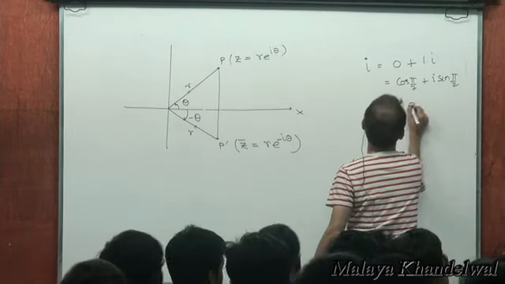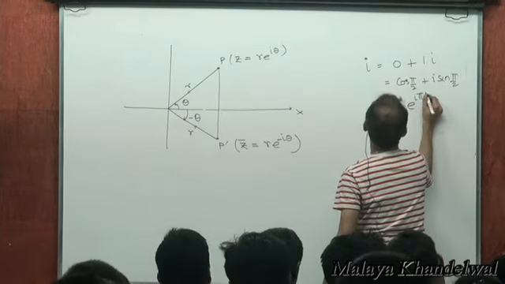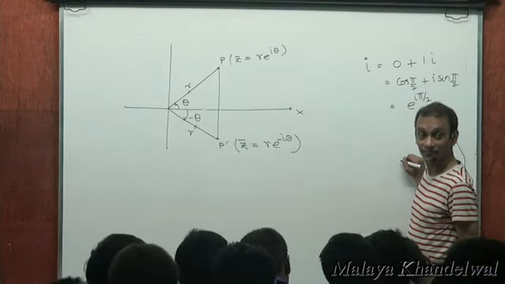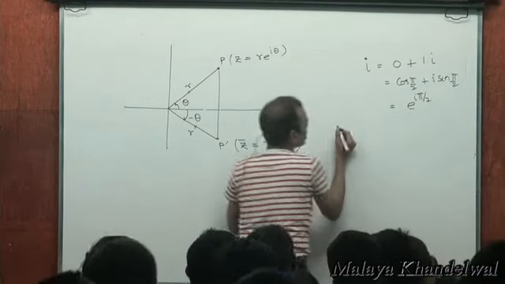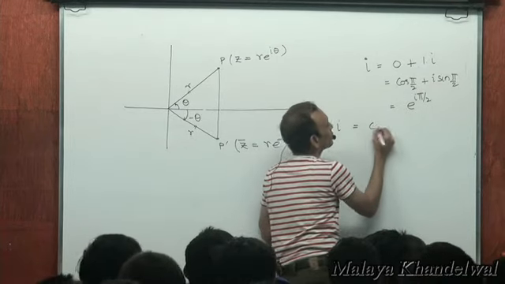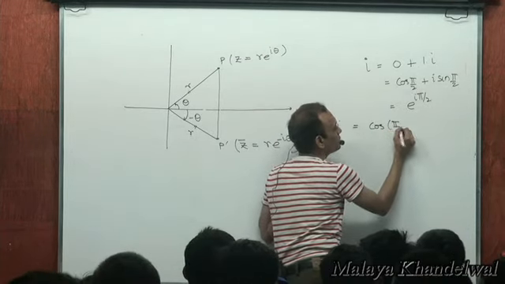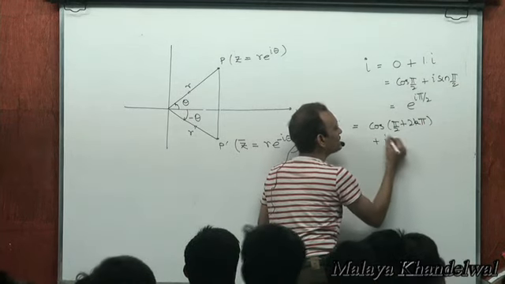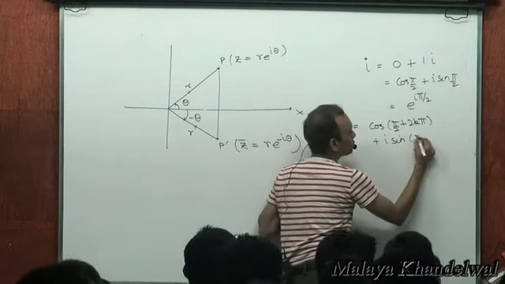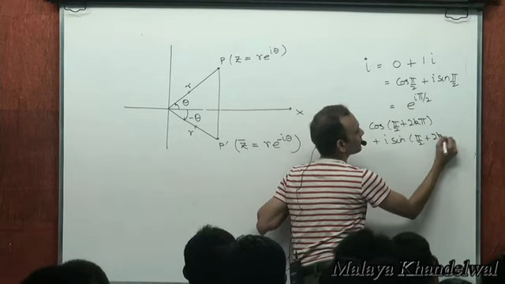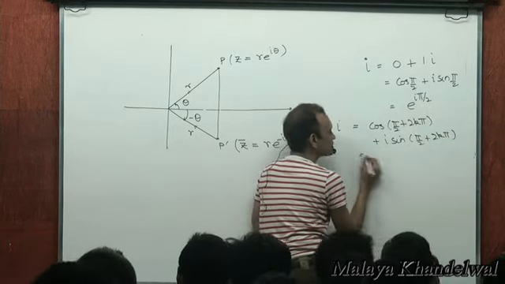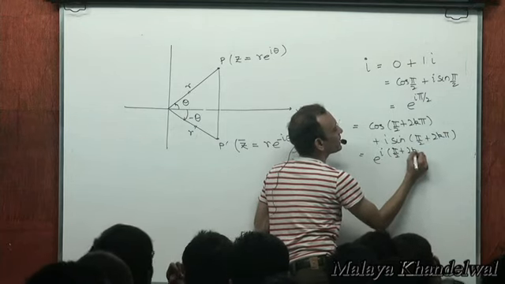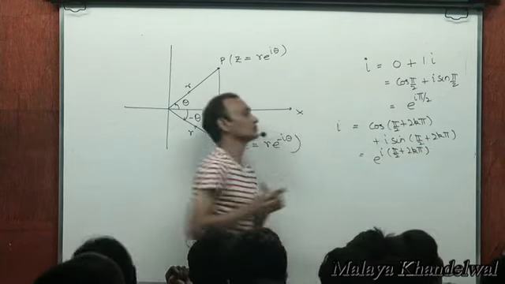So one of the ways it could be written is e to the power i pi by 2. Or in a more general sense, cos of (pi by 2 plus 2k pi) plus i sin of (pi by 2 plus 2k pi), which is e to the power i times (pi by 2 plus 2k pi), where k can be any integer.